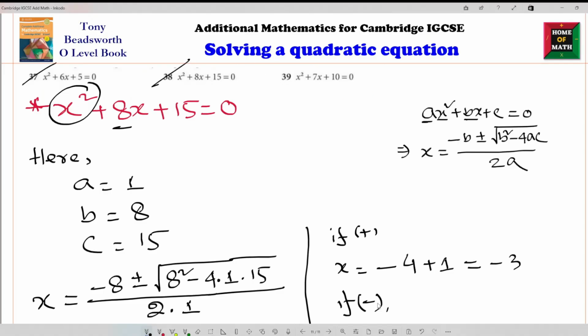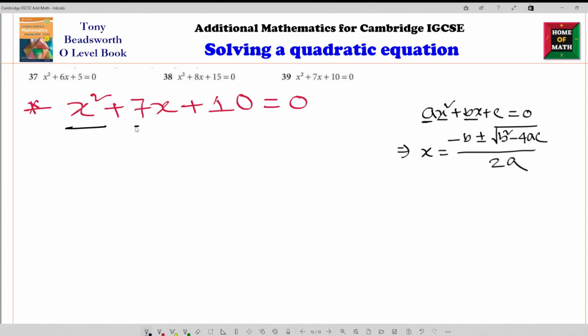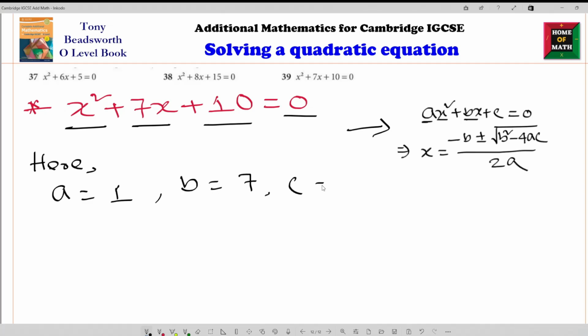Now we will start number 3. So x square plus 7x plus 10 equals 0. Here, based on this formula, a equals 1 because x square has no coefficient, it means 1. Then b equals 7 and c equals 10, right?